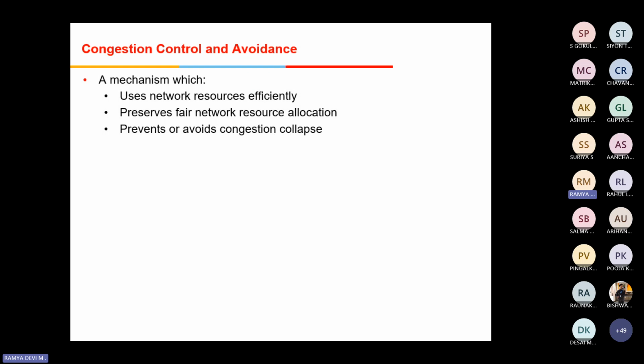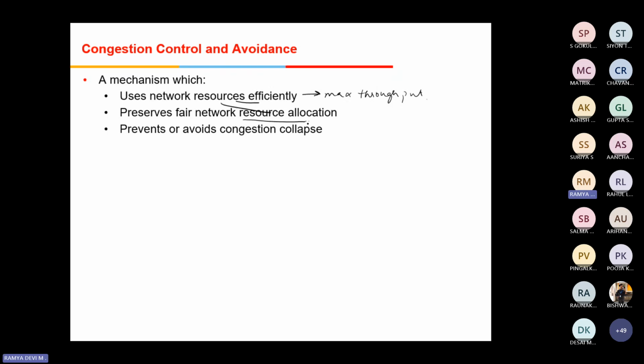The first one is efficient use of the resources. Congestion control ensures the bandwidth, buffers, and processing capacity are effectively used, not wasted, to get the maximum throughput without flooding the network.